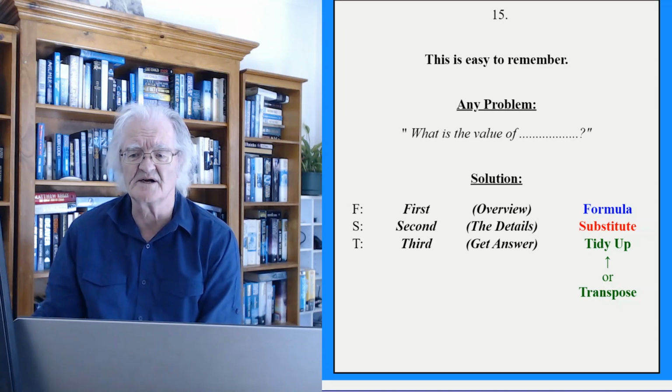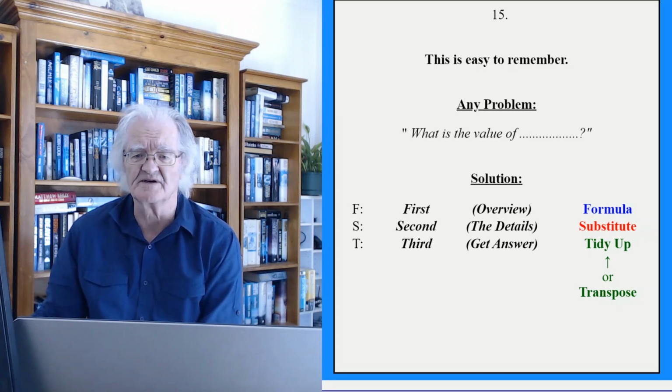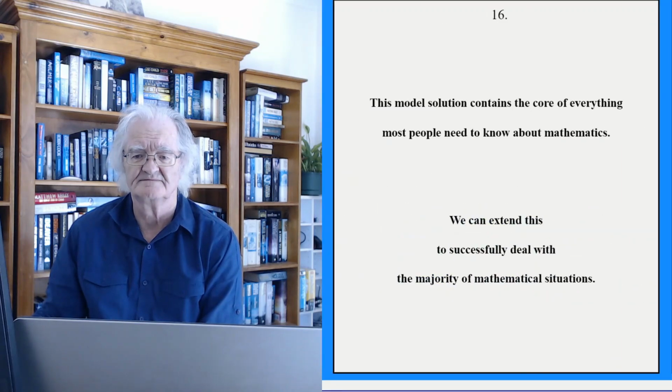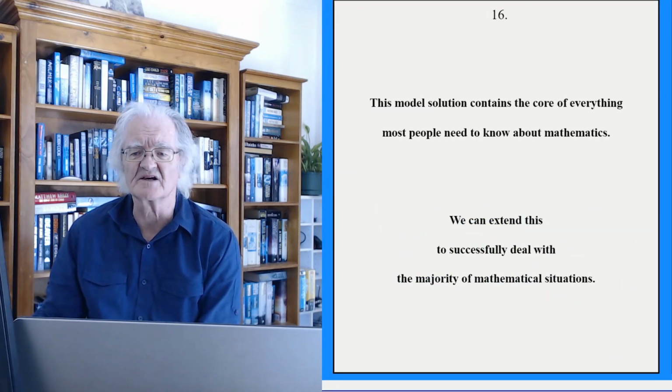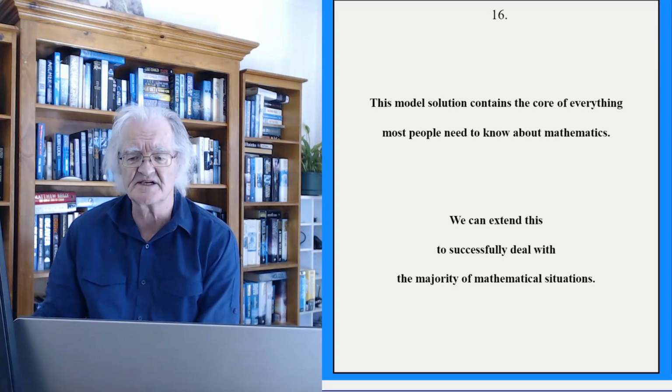You do that by tidying up. Mathematically speaking, tidying up is called transposing. This is the model solution containing the core of everything most people need to know about mathematics. We can extend this to successfully deal with the majority of mathematical situations.